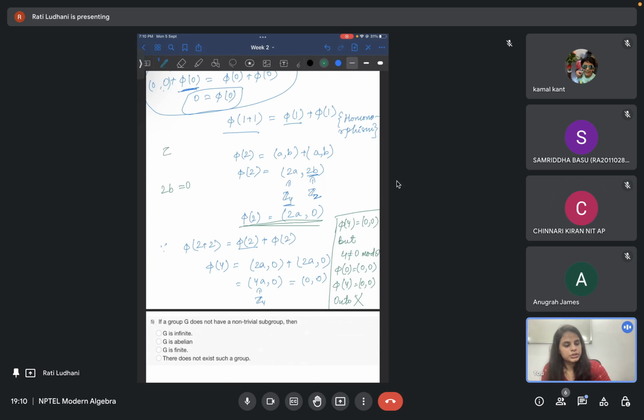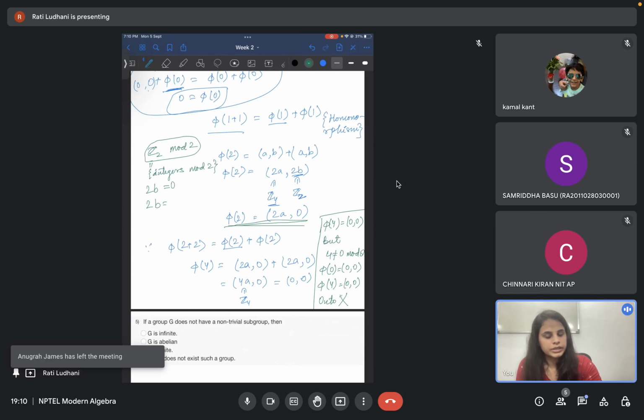What is Z2? Z2 says you are going mod 2. Z2 is all the integers mod 2. Now 2b mod 2 is what? Tell me. This is 0. So this is exactly 0 mod 2.